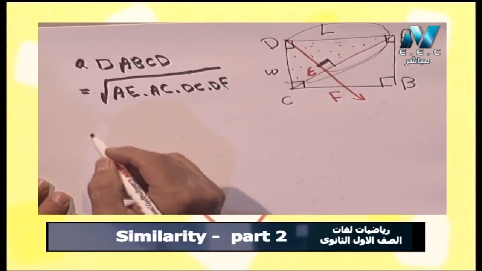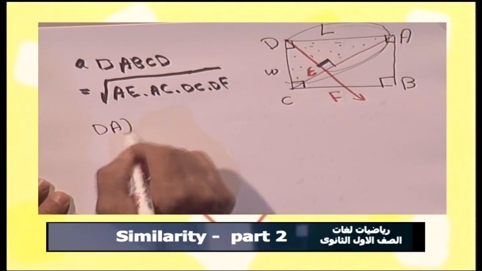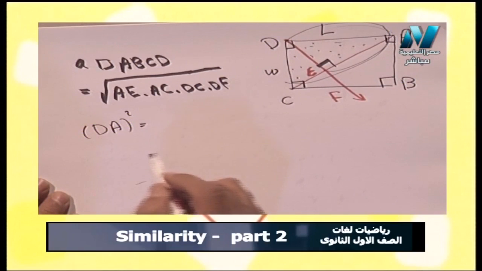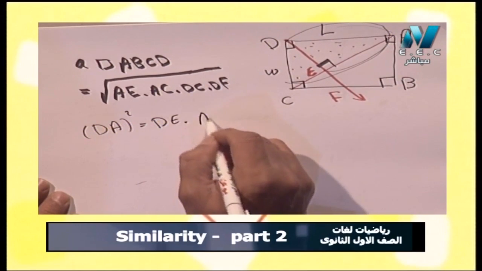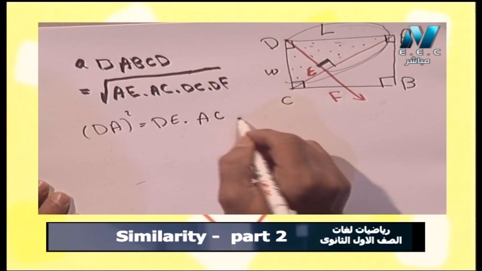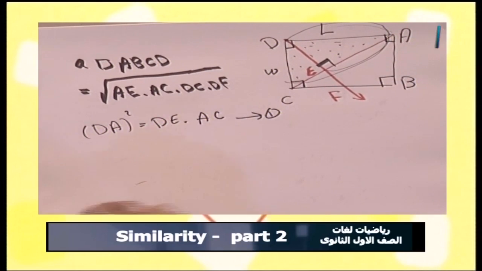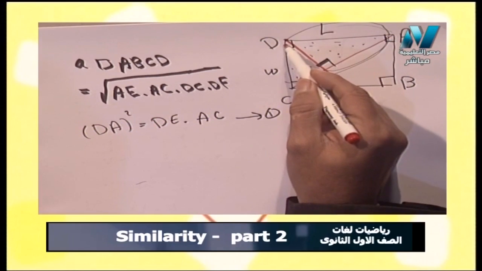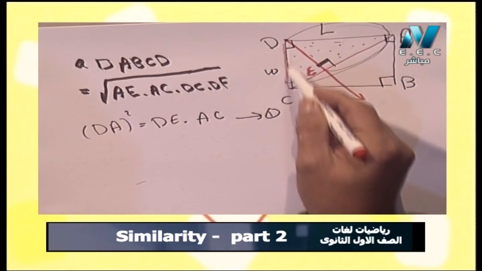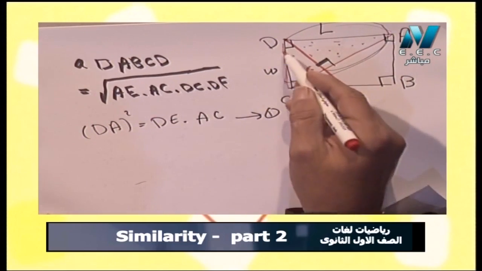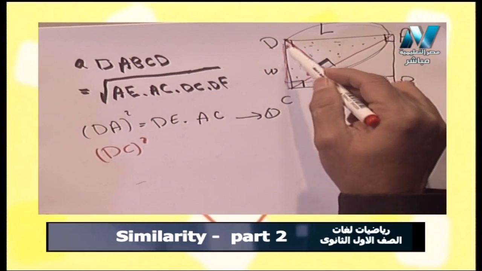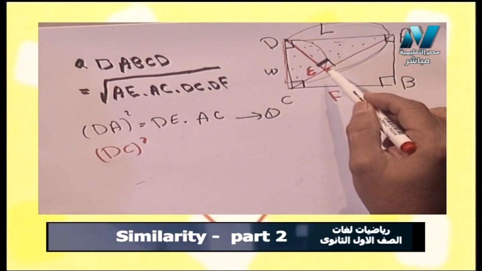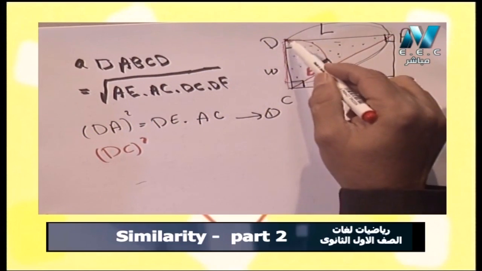We write here DA^2 equals DE multiplied by AC. This is equation number 1, and we have equation number 2. We have here DC, which is the width, and DC^2 here equals what? Equals DE multiplied by DF.